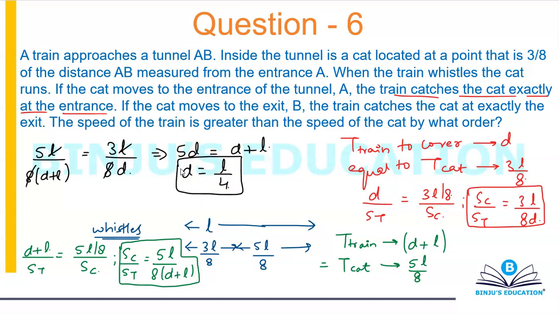Now if D is equal to L by 4, I can definitely calculate the ratio of the speed of the car to that of the train. Using the equation written in red, because that's the easier one, that is 3L divided by 8 into L by 4, because D is L by 4, so I can cancel this.